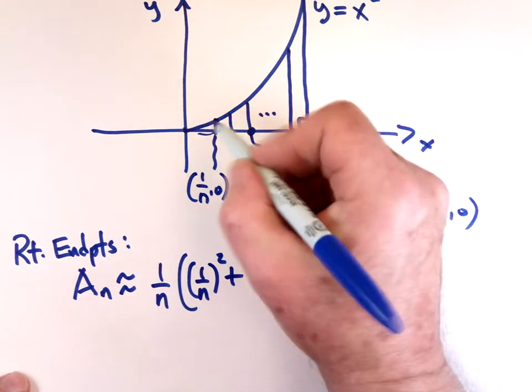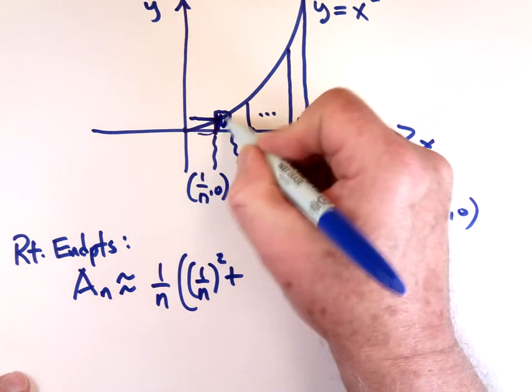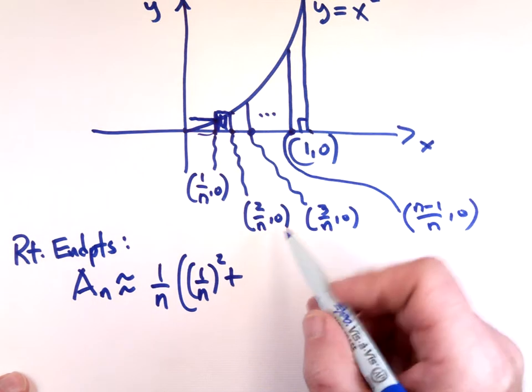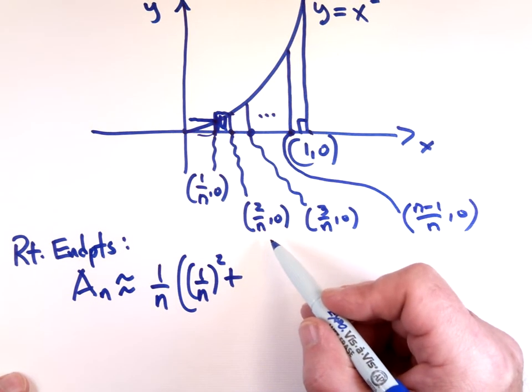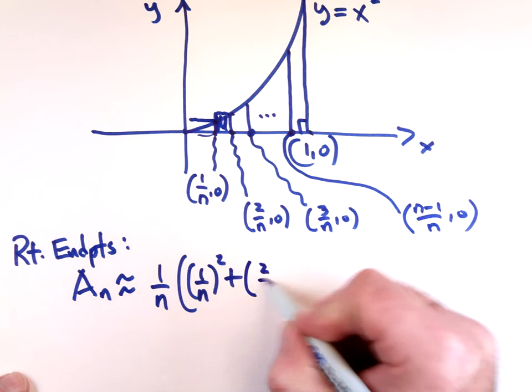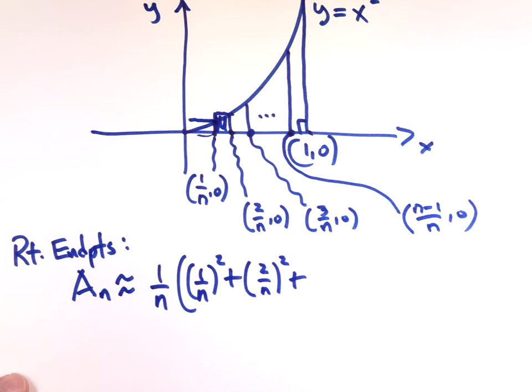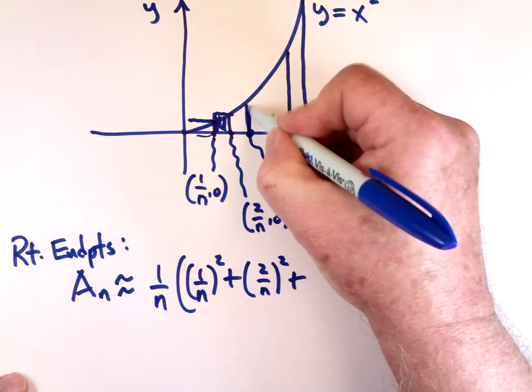This is its height. It's the value of my function at 2 over n. It's 2 over n squared. My third one is going to be this height. It's going to be 3 over n squared.